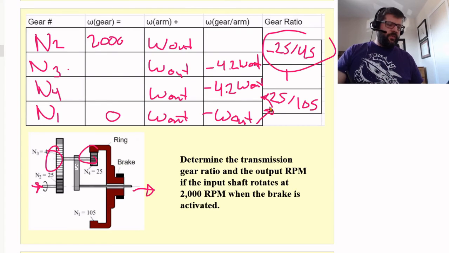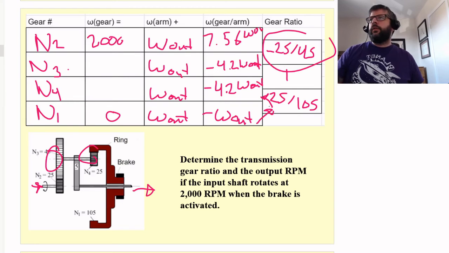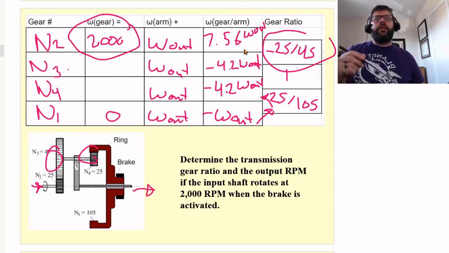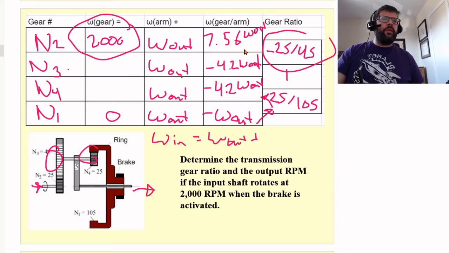That'll give us 7.56 W out. Then we just need to solve for the fact that, if we want input divided by output, our input W in is equal to W out plus 7.56 W out.